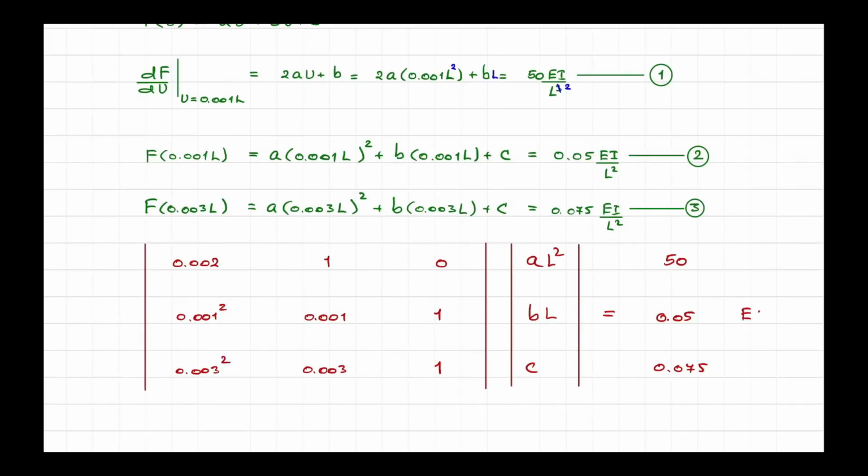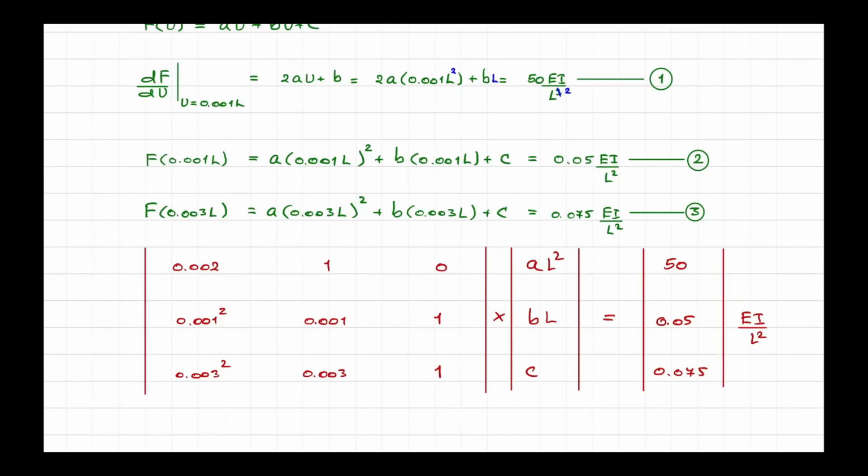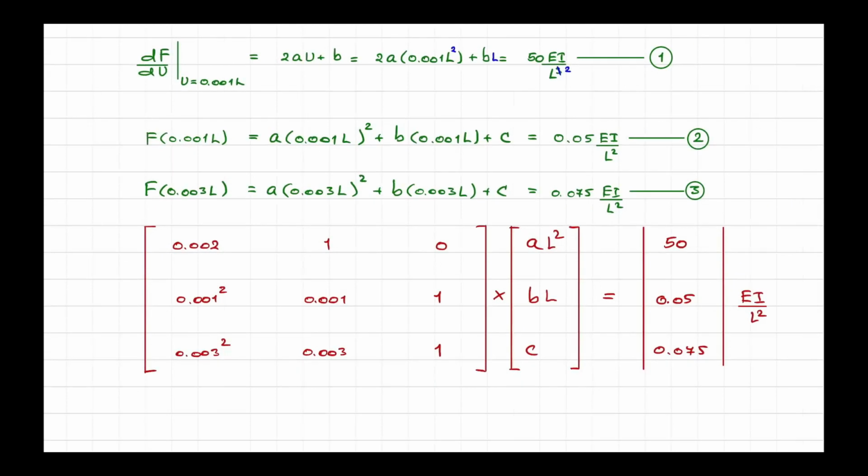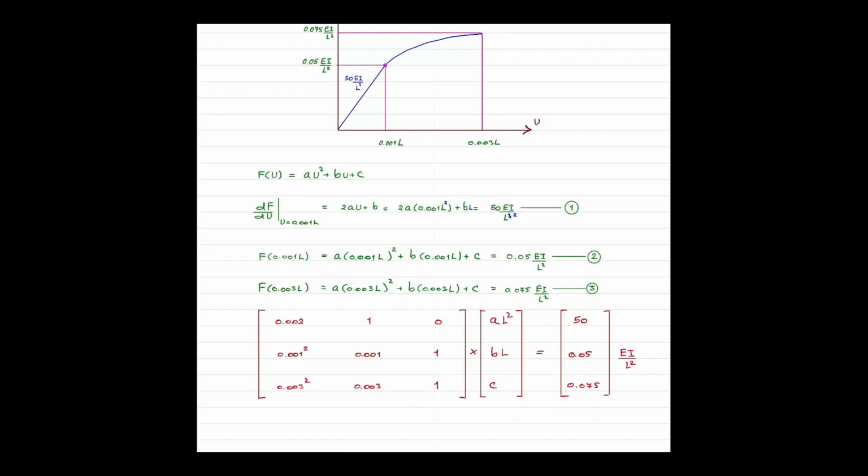These are all multiplied by EI over L square. And then if I solve, the a, b and c will be in terms of EI over L square.